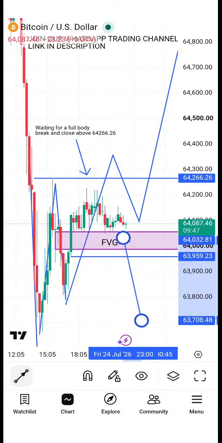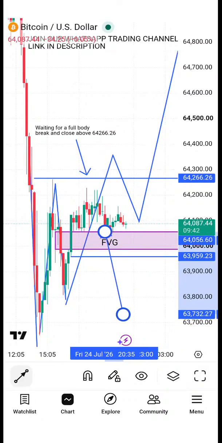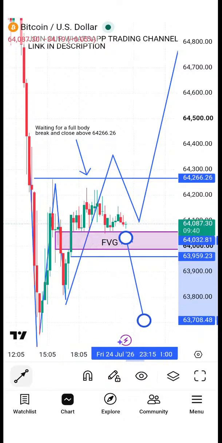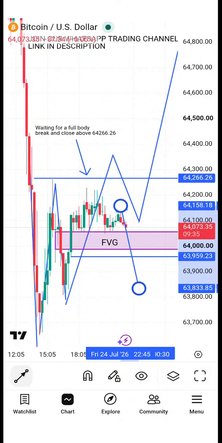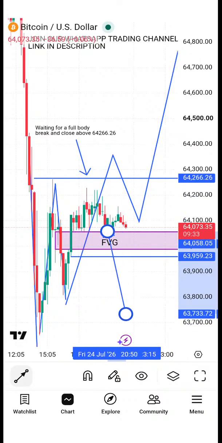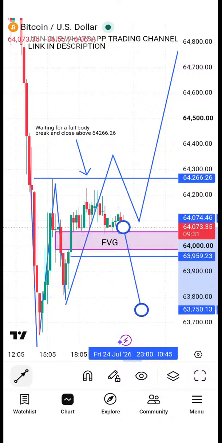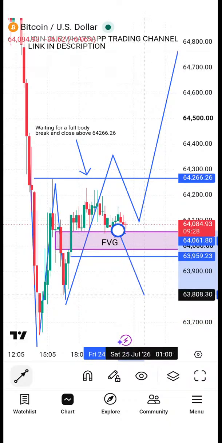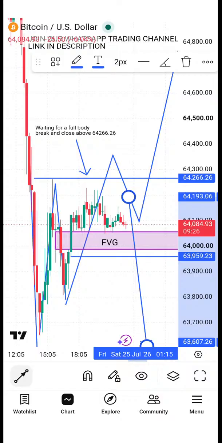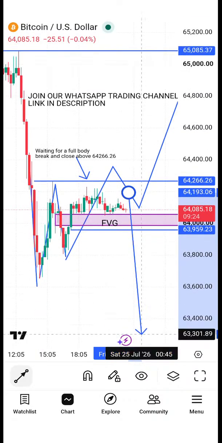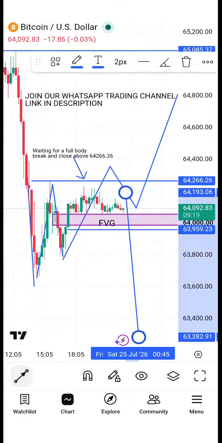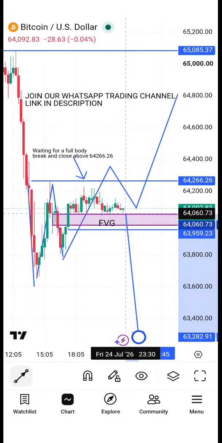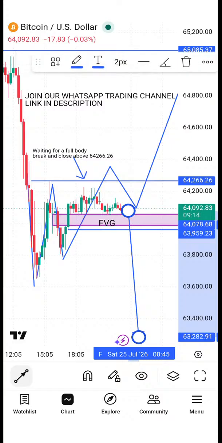You see, it's still very early for us to buy, because you can be taken out. If you bought here, it's an aggressive entry, because price can still push straight towards the downside. If you place a buy here, you are very aggressive.